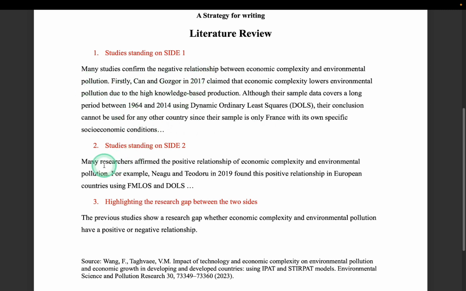And then the second paragraph writes about the group of studies on side 2. For example, it writes, many researchers affirm the positive relationship of economic complexity and environmental pollution. So this paragraph introduces another group of studies with completely different findings.